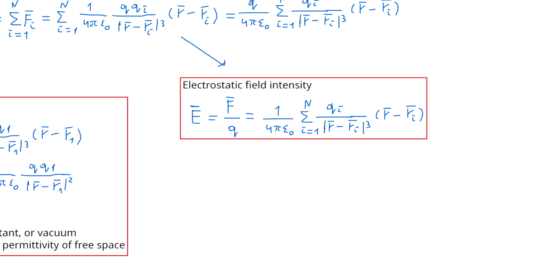That is placed into this electrostatic field. From here, we just have that the force of electrostatic interaction may be simply calculated by this formula: charge Q multiplied by electrostatic field intensity.